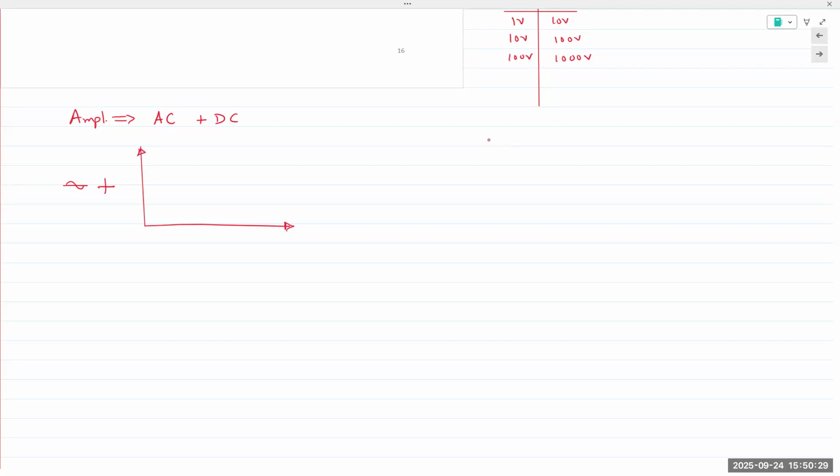And then you have a DC, and let's say this is 10 volts DC, and this is millivolts. What does an amplifier do? An amplifier takes the energy from the DC waveform and imparts it to that AC waveform. And so the result is something like this, depending on the design of the amplifier system.